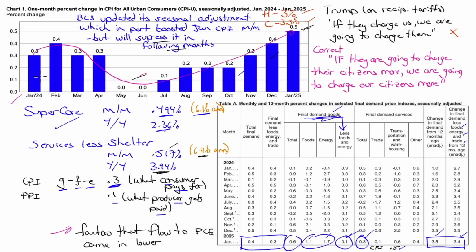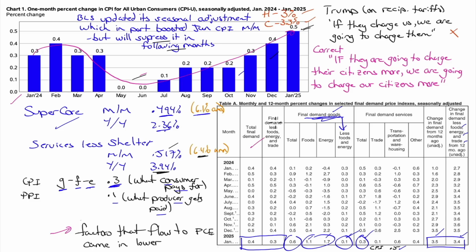The CPI survey is based on a household survey. The PCE is based on a business survey. The PPI is based on what businesses receive. So the PPI is closer to PCE in terms of the sampling that's done than CPI, which is why the PPI had more importance.